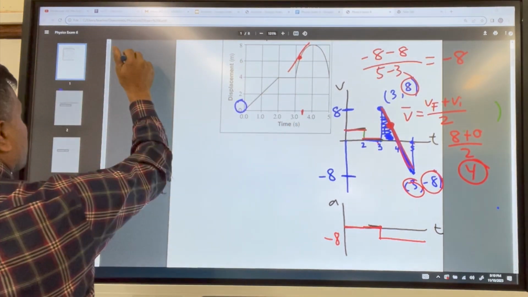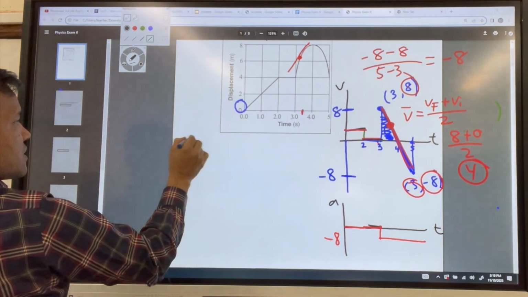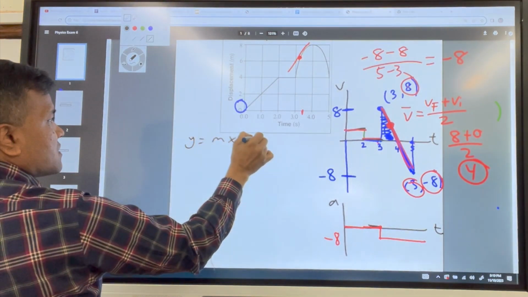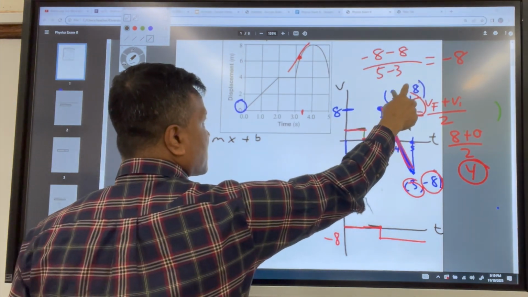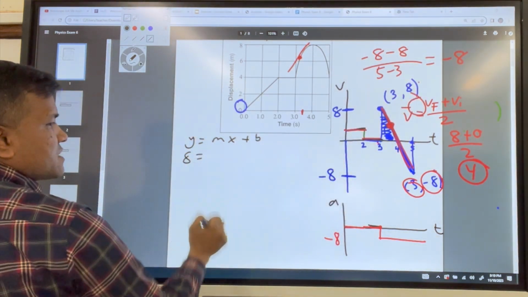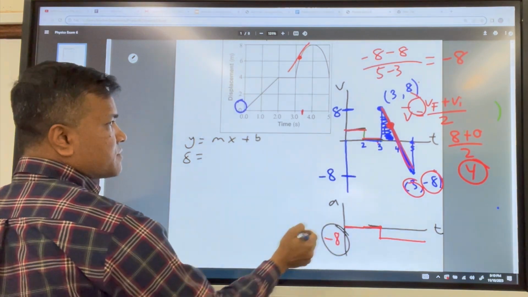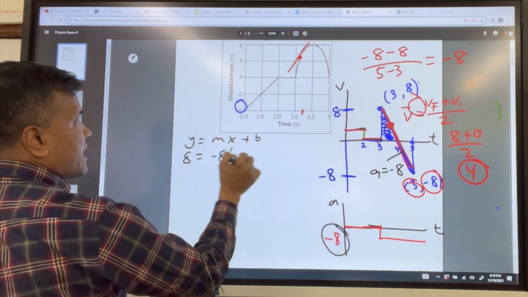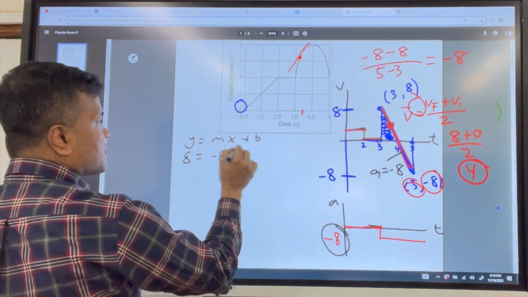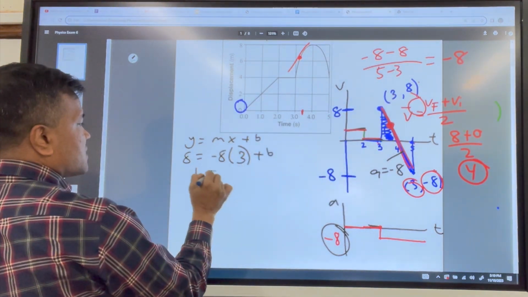You can use math, by the way. You can use y equals mx plus b, right? y is of course 8. m is negative 8, because acceleration over here is negative 8. So negative 8, x is 3, plus b, so b is 32.